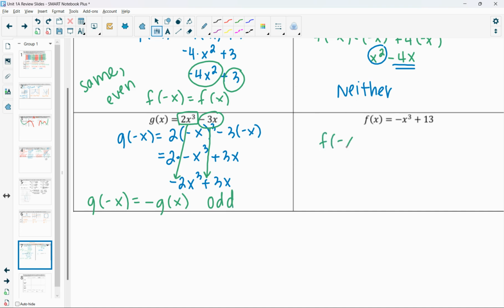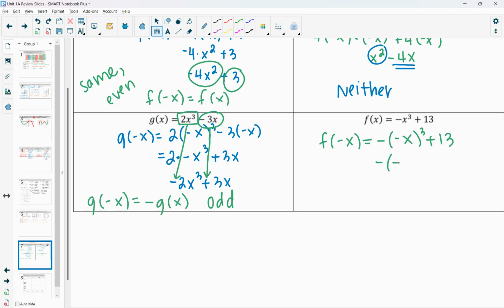And then this last one, when we plug in negative x, so we have a negative out front. Okay, so we have negative x cubed. So we have negative times that negative x to the third, and then plus 13. And so a negative cubed is going to be a negative.